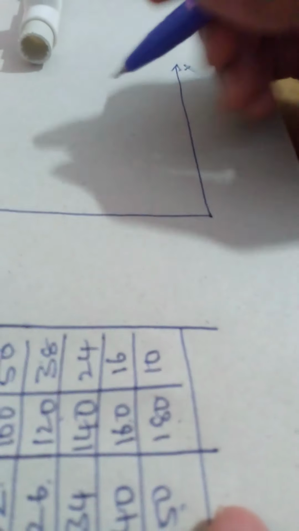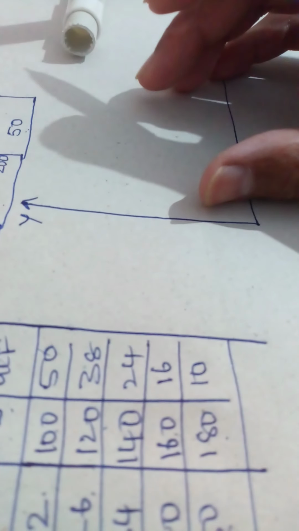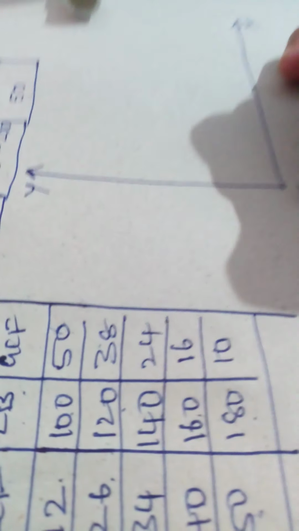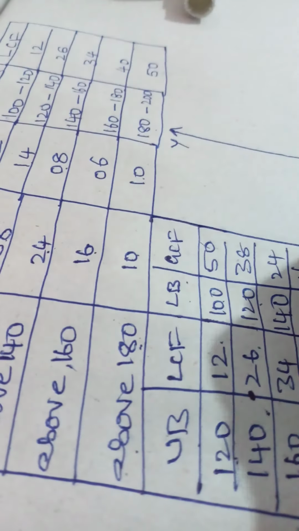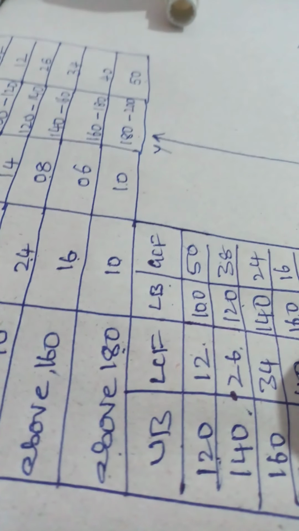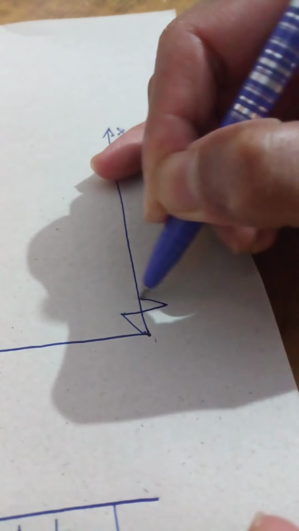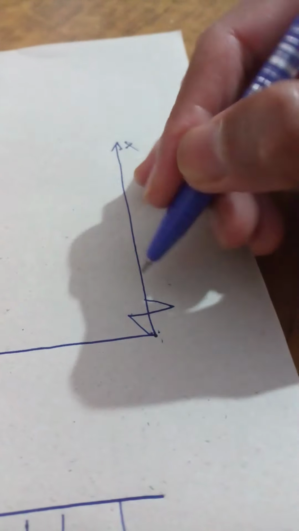Now we plot the ogive curve. Based on the ogive curves, we will plot the points and calculate the median. The values start from 100 and go to 200. Again we need to draw a break here, because below 100 we don't want anything.